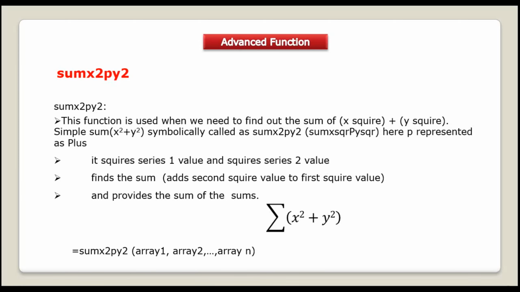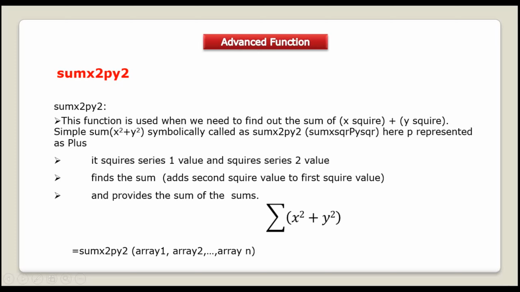Another one is SUMX2PY2. The difference between X2MY2 and X2PY2 is only one thing, that is minus and plus. So SUMX2PY2 means sum x square plus y square. It is used to identify the sum of x squares plus y squares.